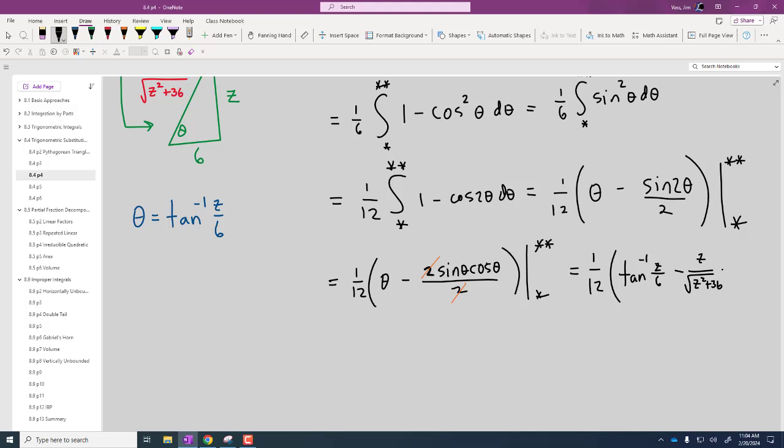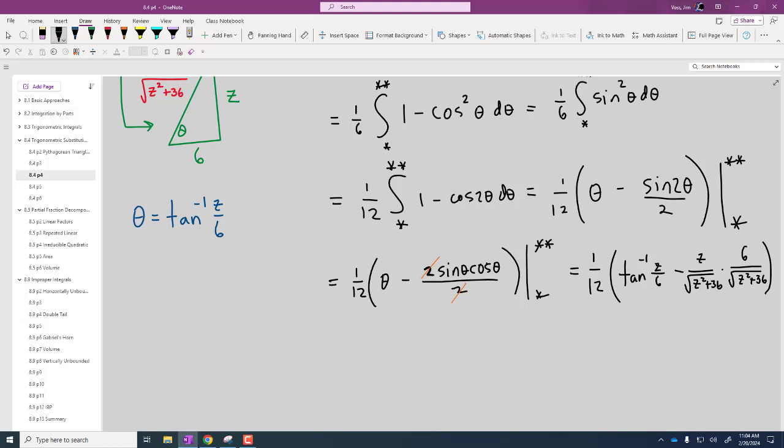Cosine, go to the triangle. Cosine is adjacent over the hypotenuse. So we're going to have 6 over that square root. Messy in there.